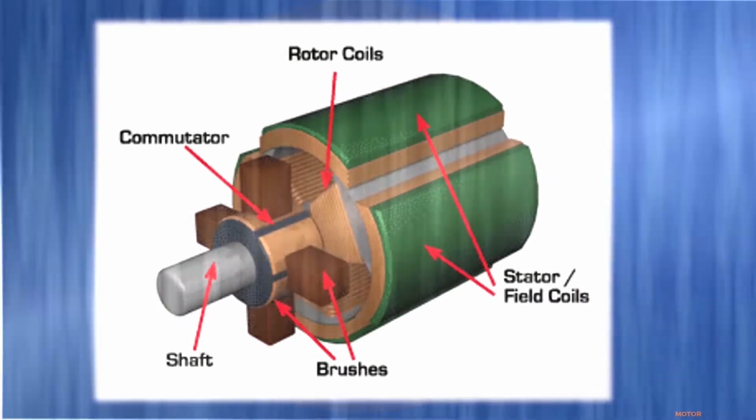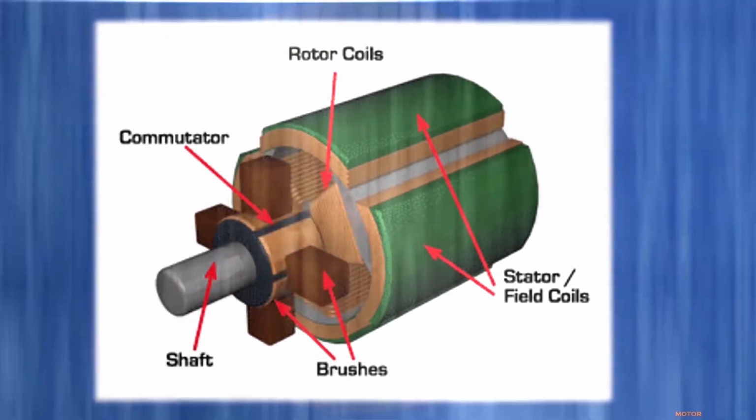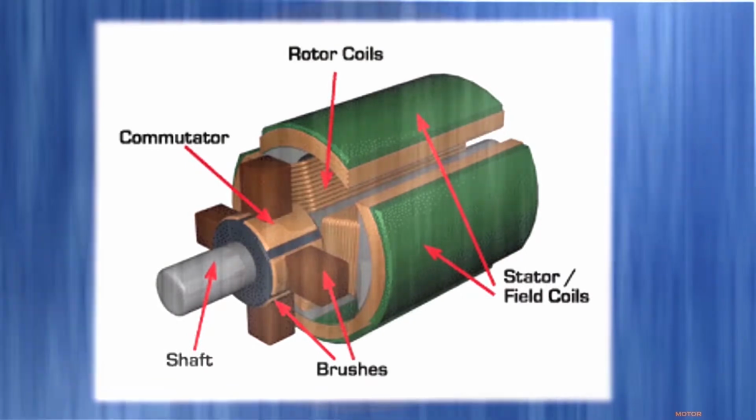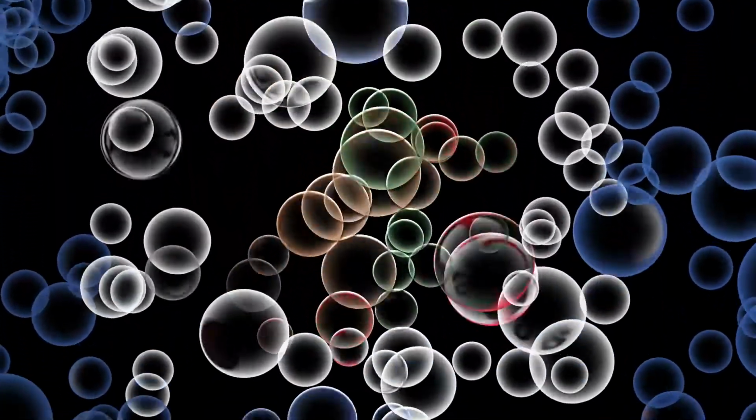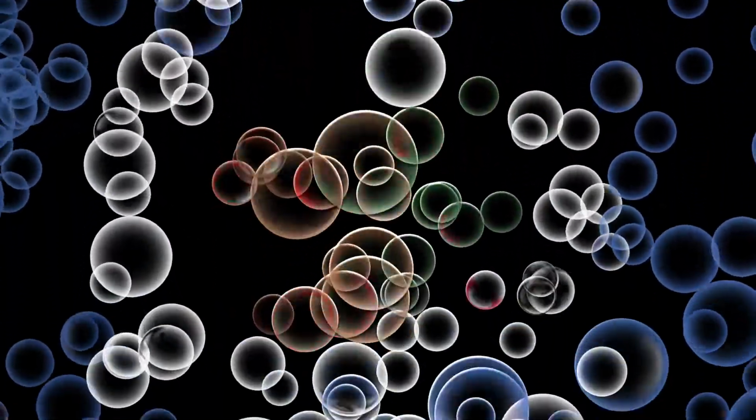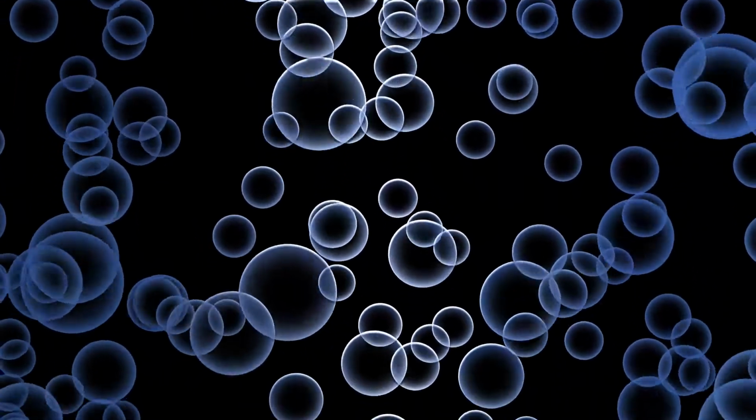The commutator is the part of the motor which causes the rotor to move. The brushes you can see in this figure hold the commutator to move smoothly, whereas the shaft is the inside part of the motor which allows the motor to move.